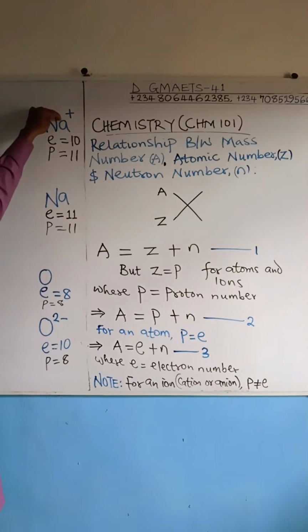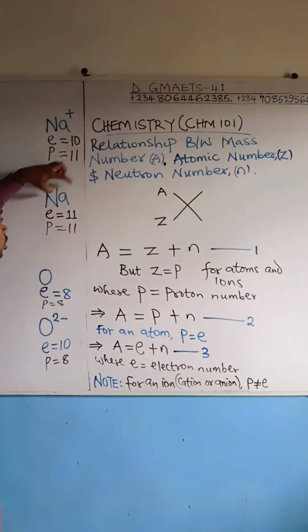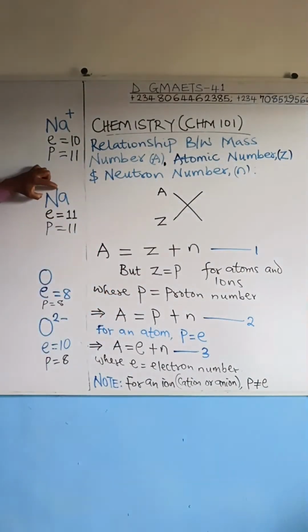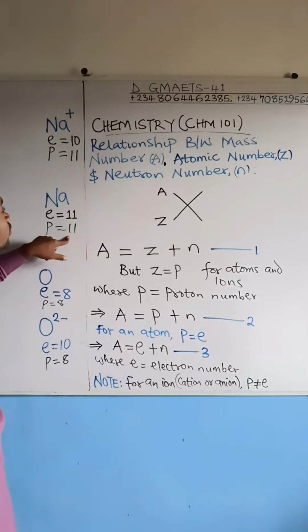This is a cation. How did I get to know? Because of the positive charge, plus, meaning that the atom lost electrons. Look at sodium as an atom. There is no charge as an atom. The number of electrons and the number of protons will be the same, 11 and 11.